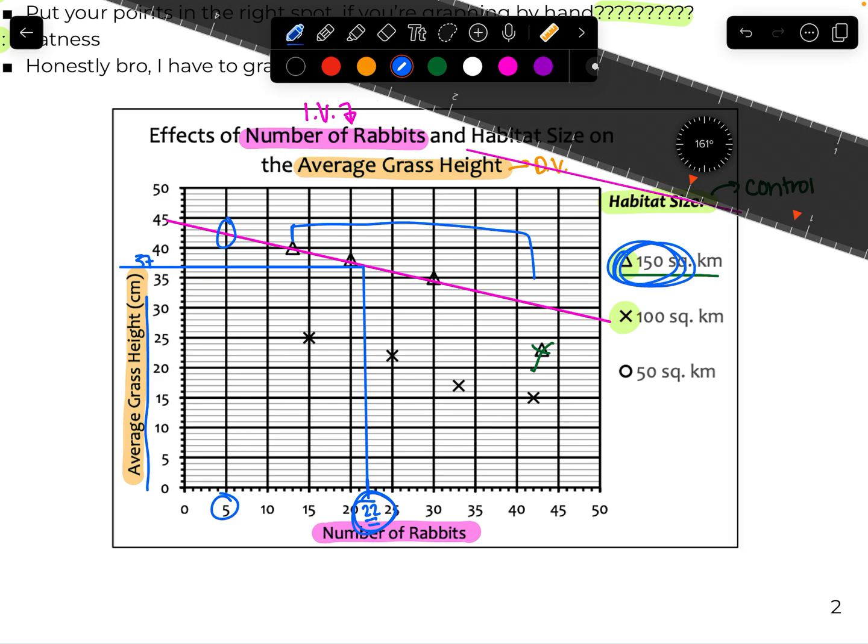If I had 2 data sets here, my triangle and my square, and I wanted to make an estimation about the average grass height if I had a 125 square kilometer habitat, this is another way that I could do extrapolation. I could make a new trend line that sits between my other trend lines and use that to make further predictions, which is what you're going to have to do for one of the questions on that last page.